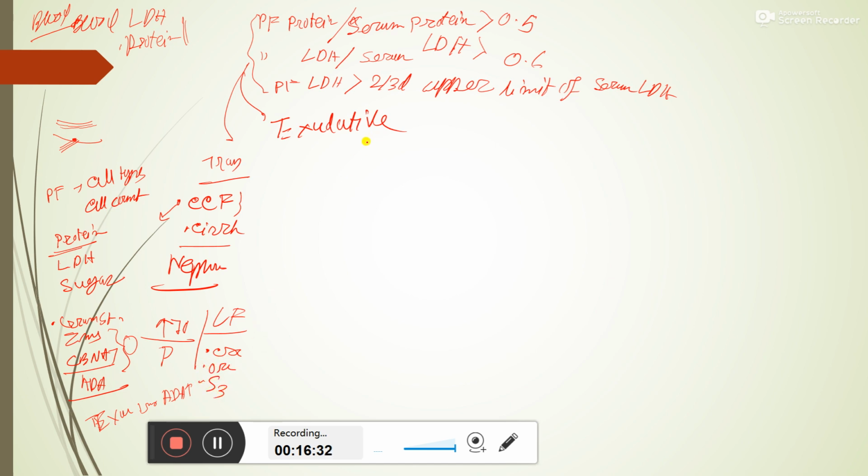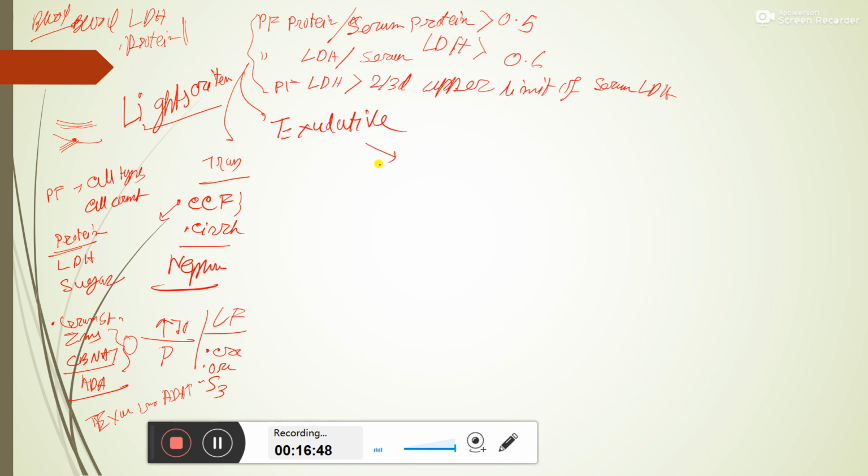Okay, now I am coming to Light's criteria. Pleural fluid is diagnosed by Light's criteria.